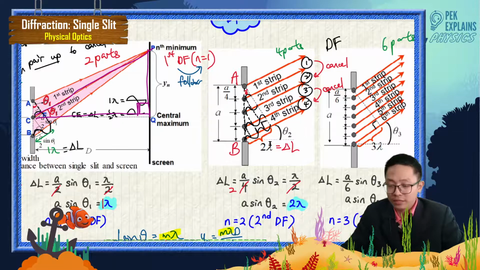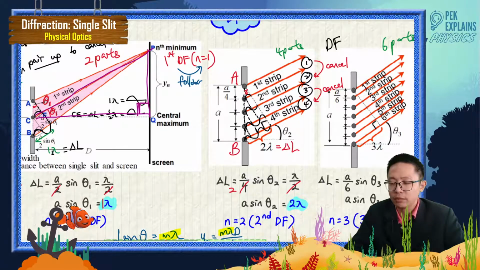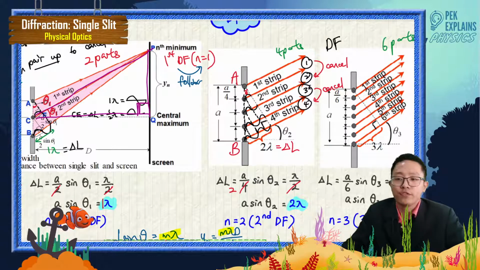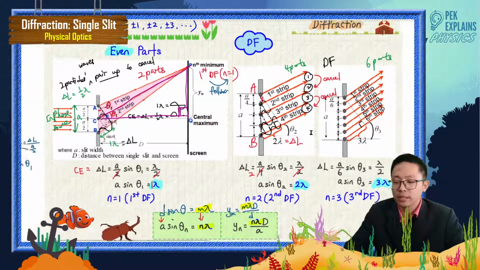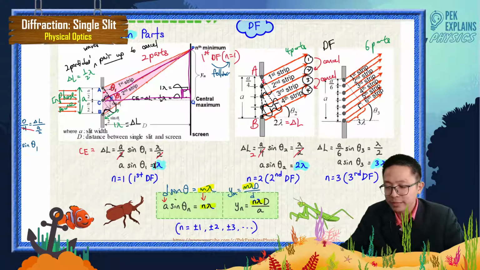So of course, the bigger the delta L, this one has delta L of only 1 lambda, and this one has delta L of 2 lambda. That means when the delta L is longer, it's further up the screen. That's why this one, with delta L of only 1 lambda, formed the first dark fringe.